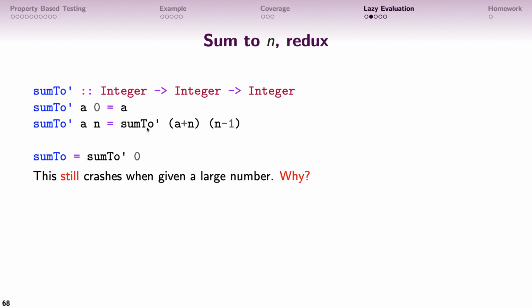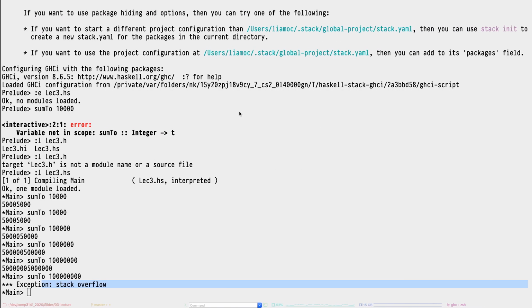But I will leave my slagging of other programming languages to COMP3141. So in this example, even though we have our tail call optimization in Haskell, it's still crashing, given a large enough number. So in order to see why, I'm going to do a little bit of equational reasoning.